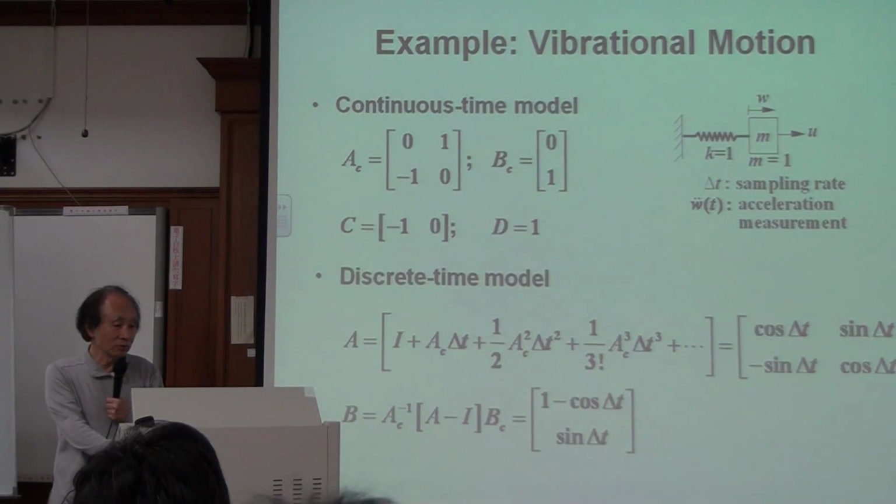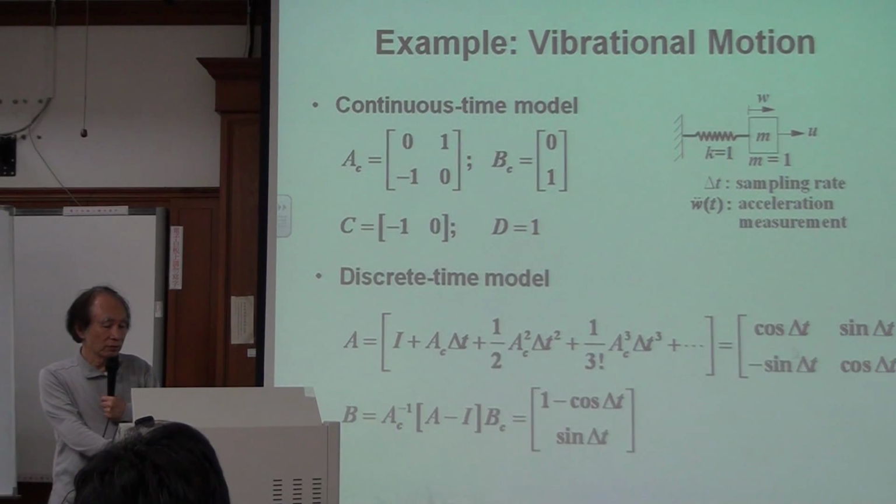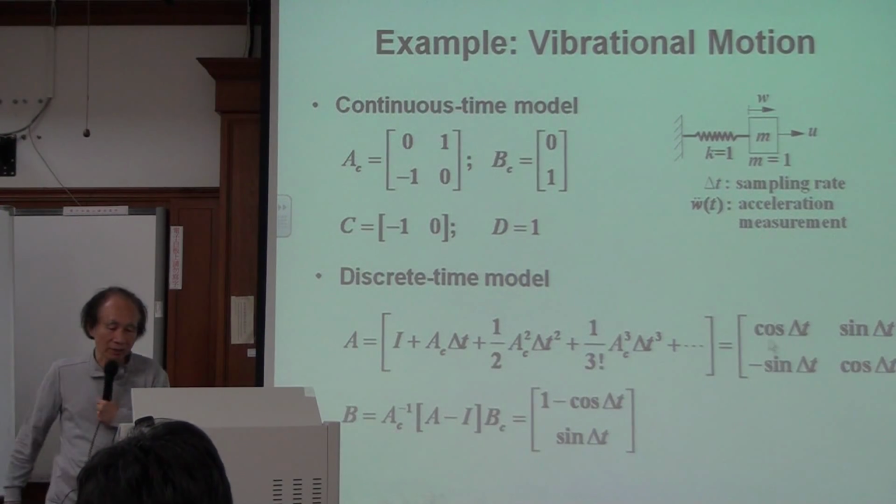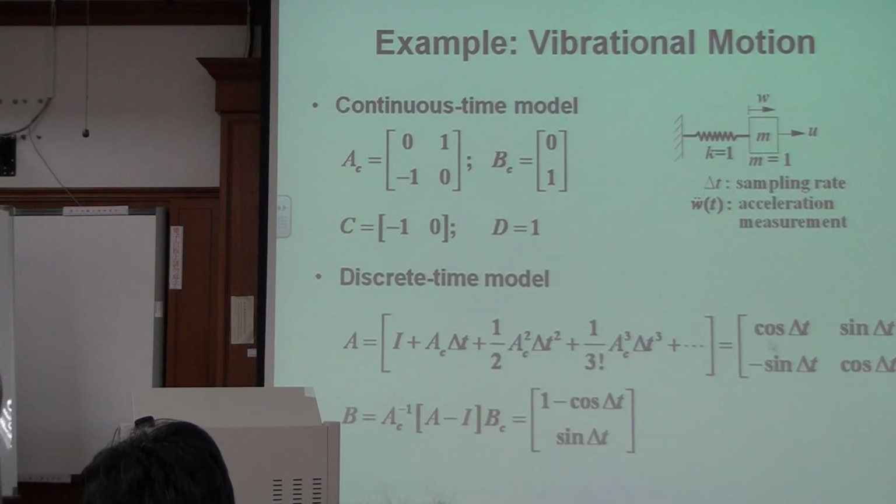Now you can go home and do your exercise. Use that formulation, I plus Ac delta t plus half Ac squared delta t squared and so on, and you will find out that it is nothing but cosine delta t, sine delta t, minus sine delta t, cosine delta t.